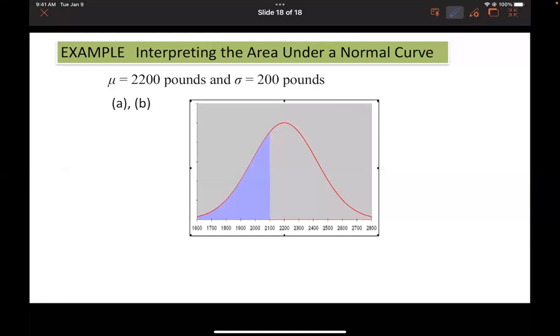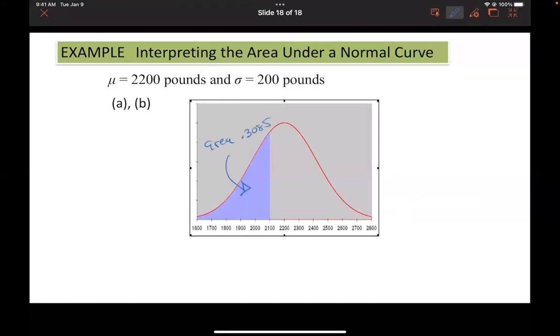So this area right here under the curve is 0.3085. So it's about 30.8% or almost 31% of the normal curve that is shaded. That is that area right there.